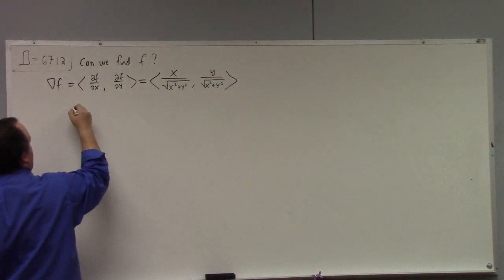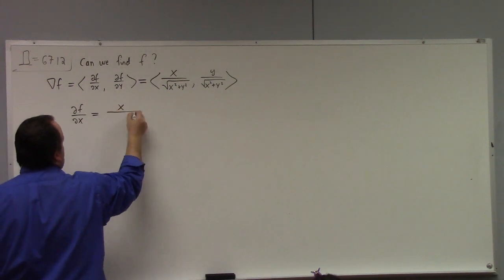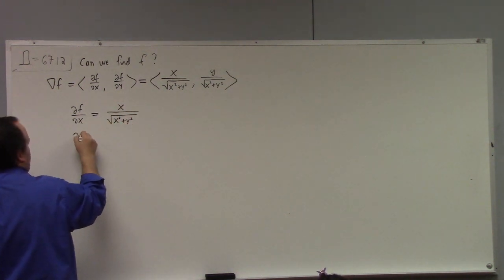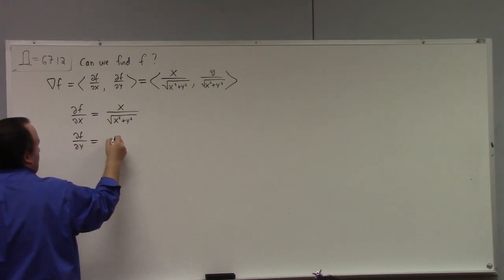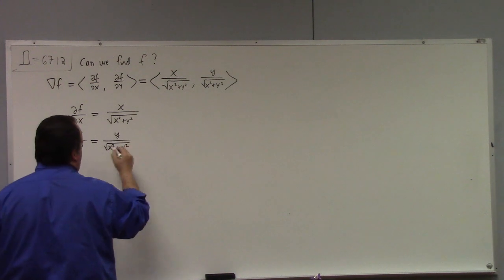So we've got to solve partial f partial x equals x over the square root of x squared plus y squared, and partial f partial y equals y over the square root of x squared plus y squared.